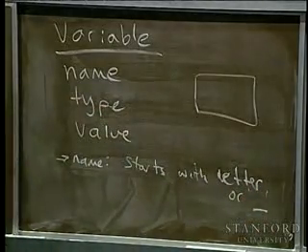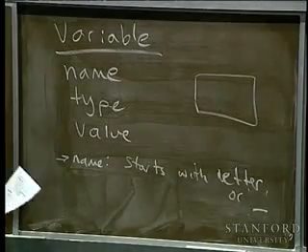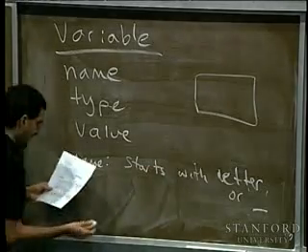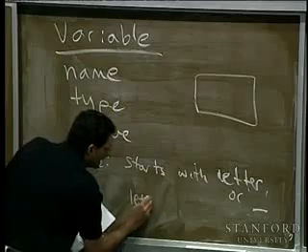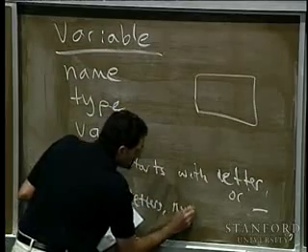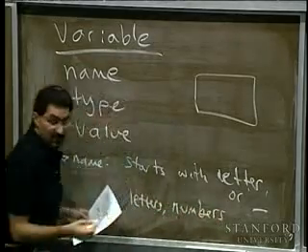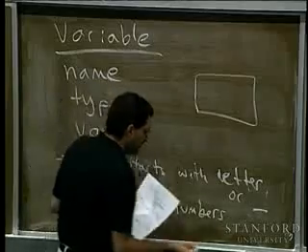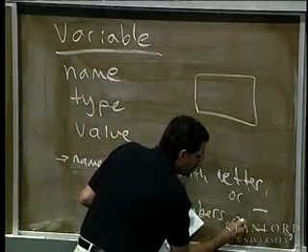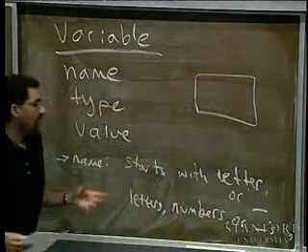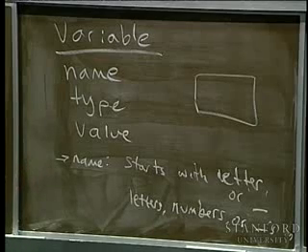After that initial letter or underscore, you can have any number of letters, digits like 0, 1, 2, 3, or underscores. So you can't start with a number.